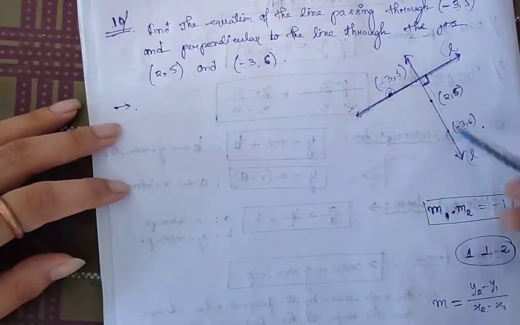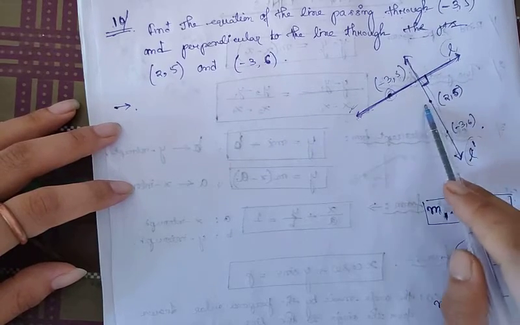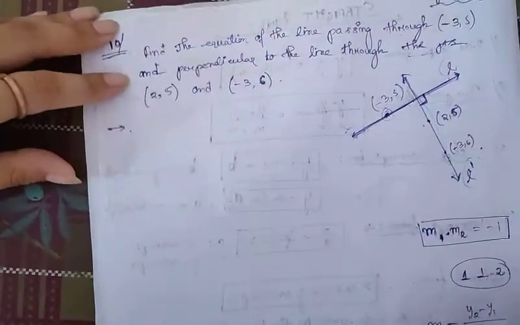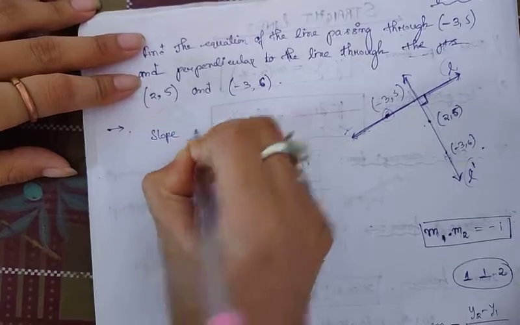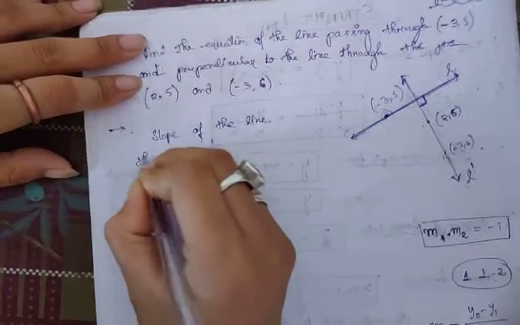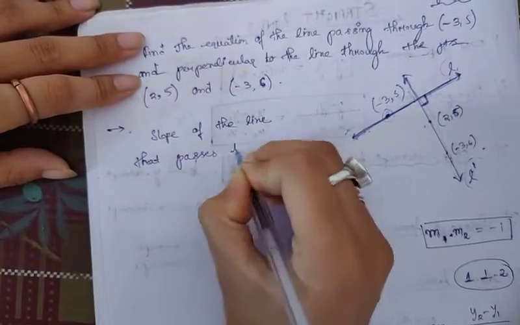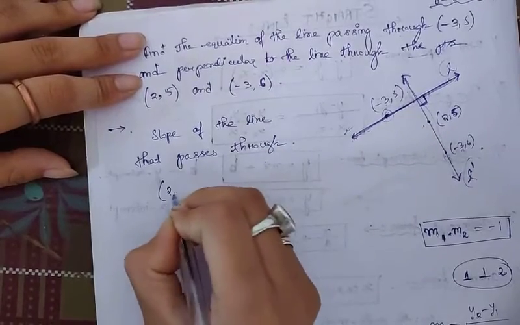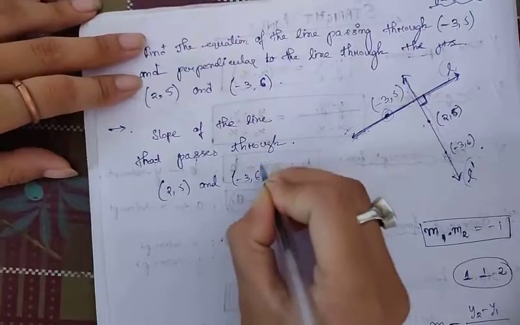So first and foremost, we find the slope of the line that passes through the points 2, 5 and minus 3, 6.